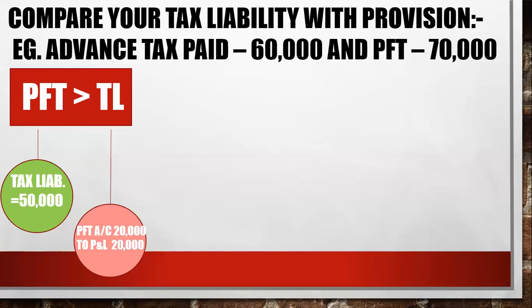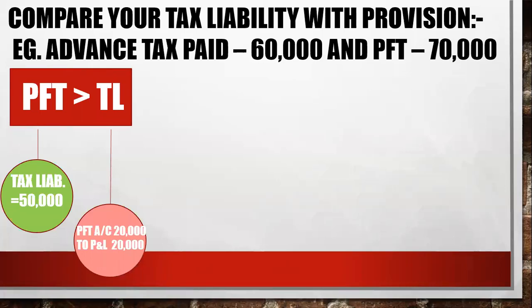First situation: PFT is more than your tax liability. Your tax liability is rupees 50,000 and your PFT balance is 70,000. Out of that, you pay 50,000 as your tax liability. So how much extra is in the PFT account? 20,000 is extra.